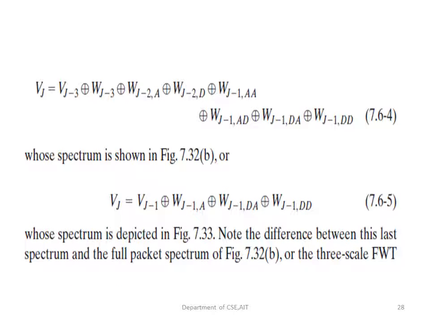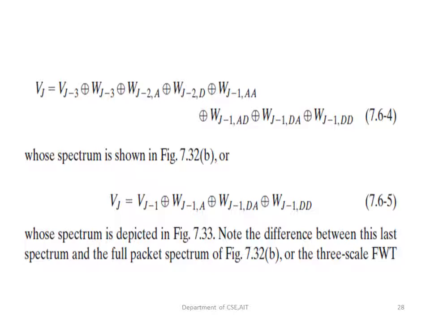The picture here illustrates the combination of the splitting characteristics of the 3-scale full wavelet packet analysis tree. So V of j is a combination of V of j minus 3, W of j minus 3, W of j minus 2 and W of j minus 1, with respect to the path from the parent node to the present node.